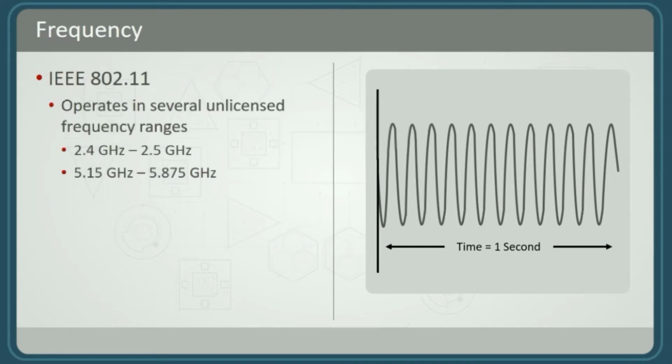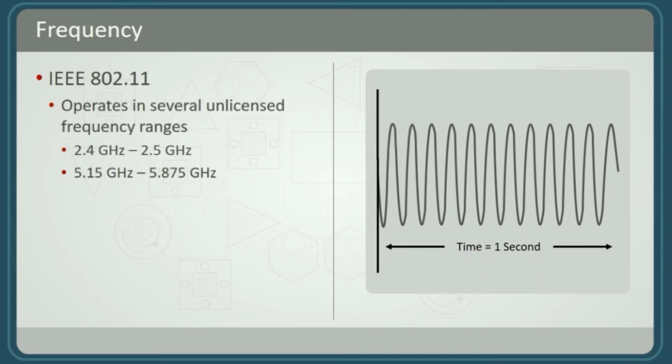Now, when it comes to wireless communications, this was defined by the IEEE 802.11 specification, and it operates in several unlicensed frequency ranges. Now, this is actually quite important. You see 2.4 gigahertz there, and that has for a very long time been a standard, but it's actually not always exactly 2.4 gigahertz.